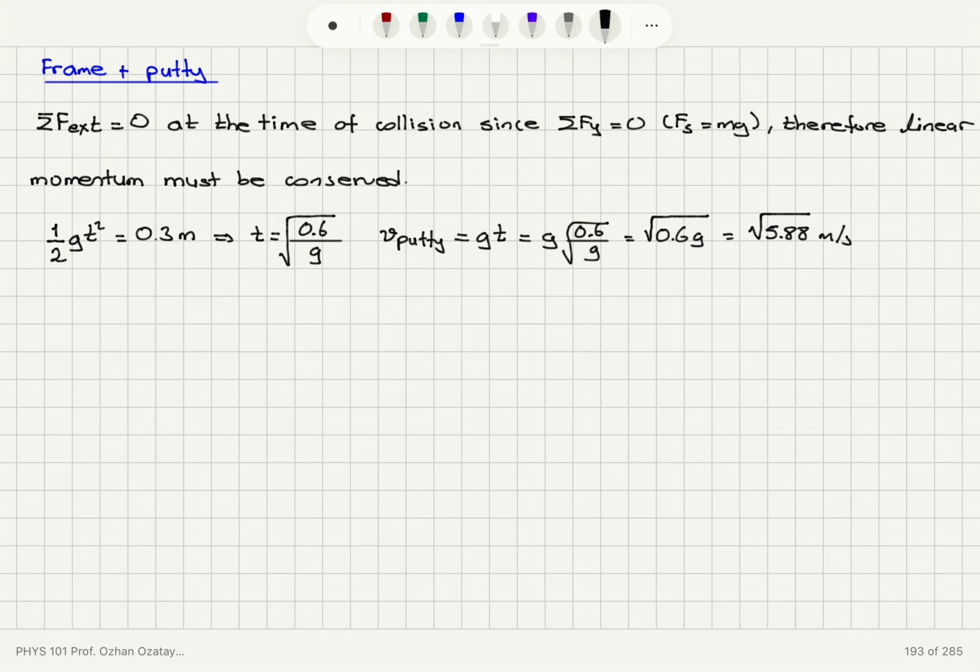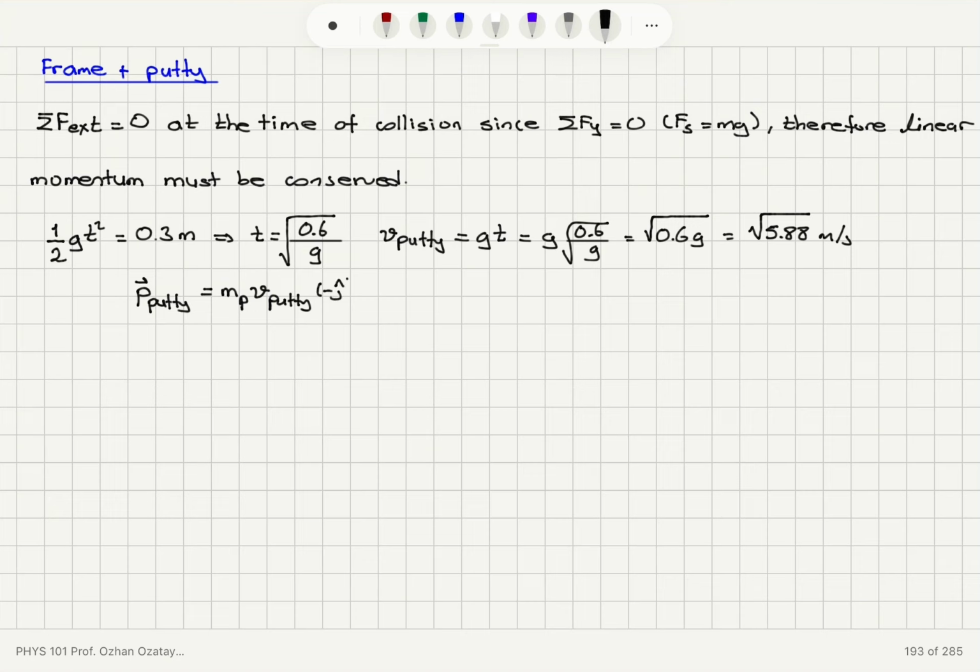And if we write the conservation of linear momentum, the linear momentum of the putty right before the collision will be mass of the putty multiplied by its velocity. The magnitude is square root of 5.88.